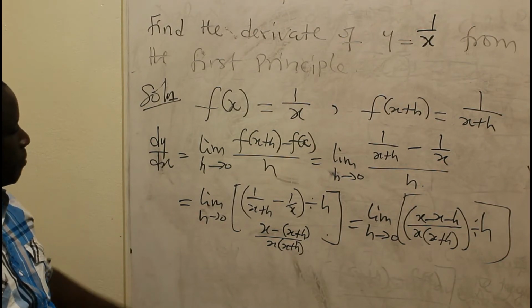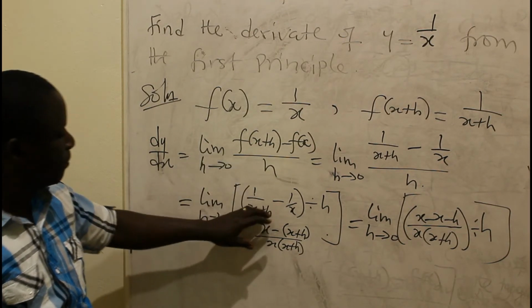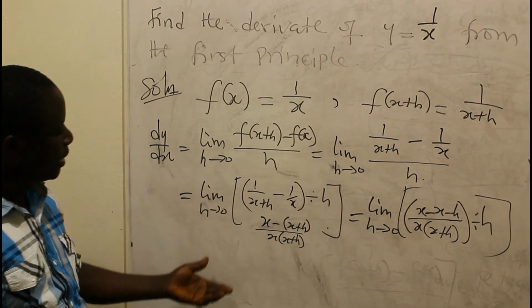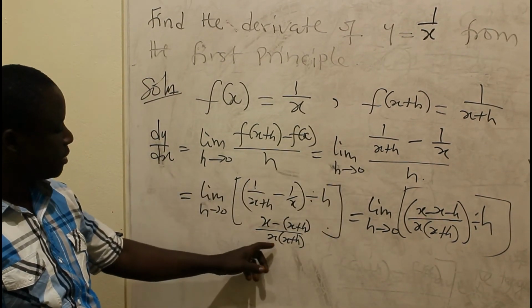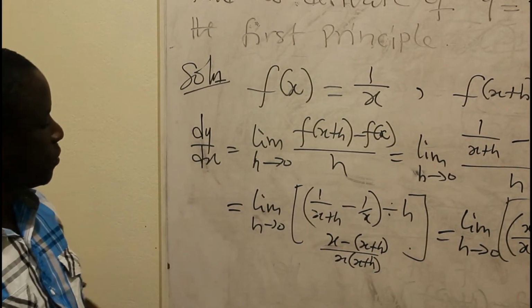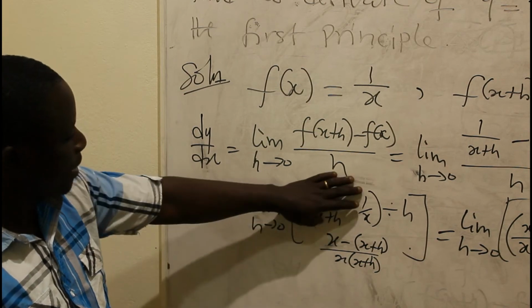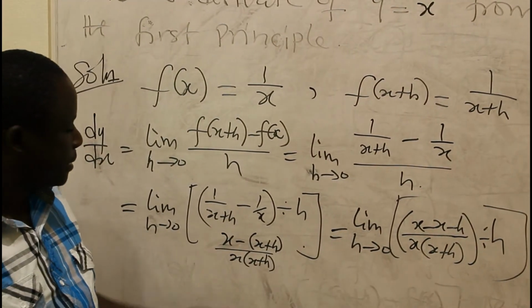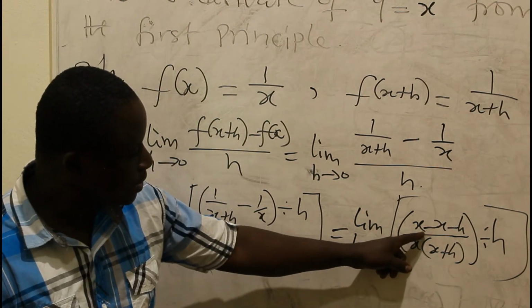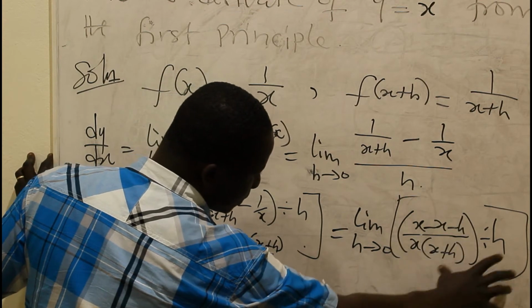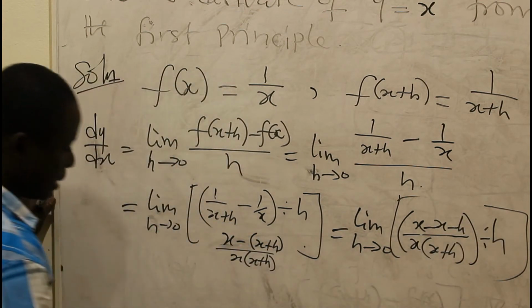Good. So we took the LCM of the terms here, and the LCM is x into bracket x plus h for that particular function. Having known the LCM, this fraction will now turn to this. When you pick the LCM, you get this fraction, and then the whole thing is also divided by h.